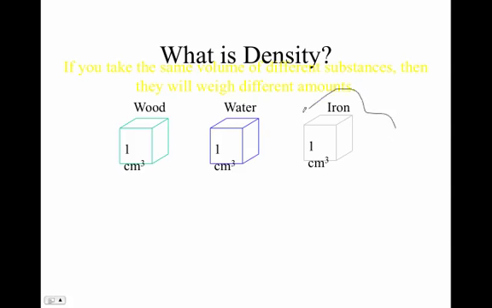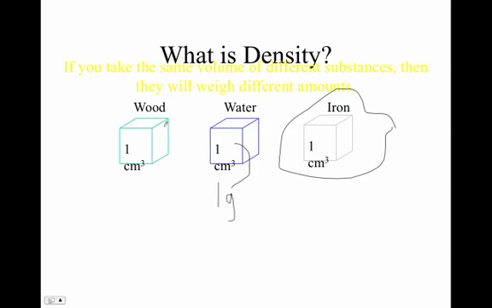Well, the iron, probably. If they're all the same volume, would they all have the same mass? No. In fact, we know what this would weigh. 1 cube of water would weigh what? 1 gram. How about wood? Would it be more than 1 gram or less?